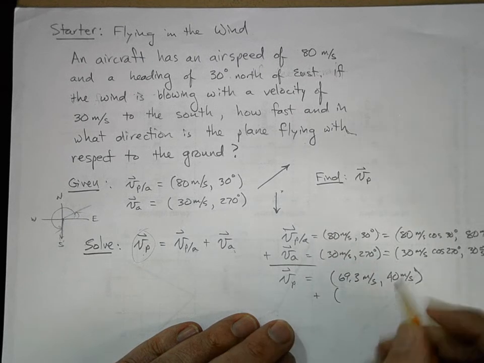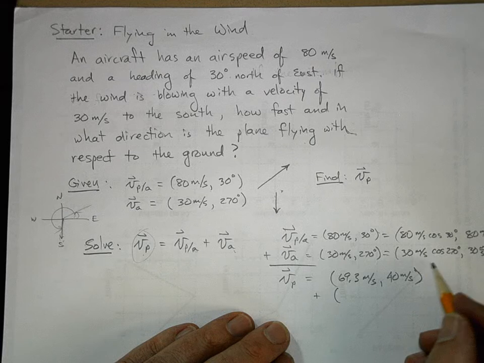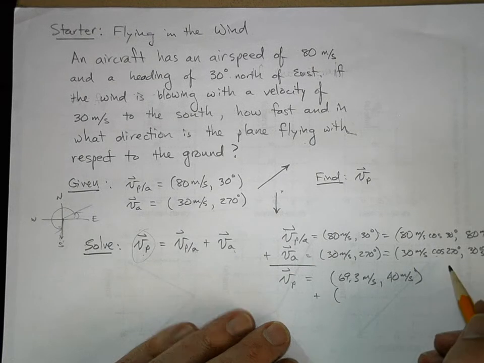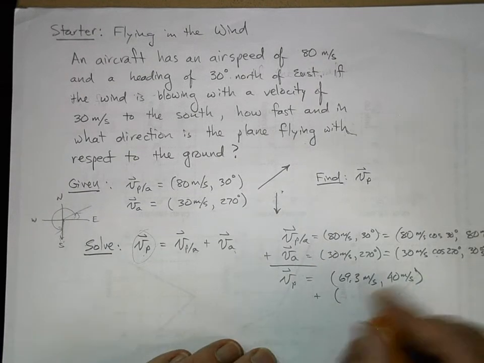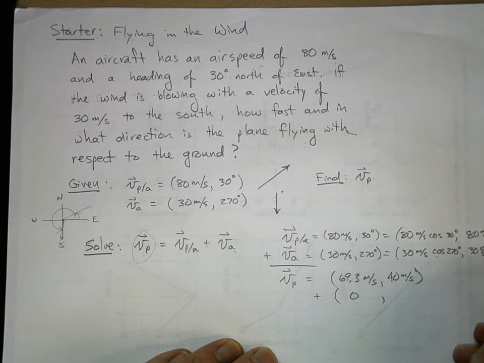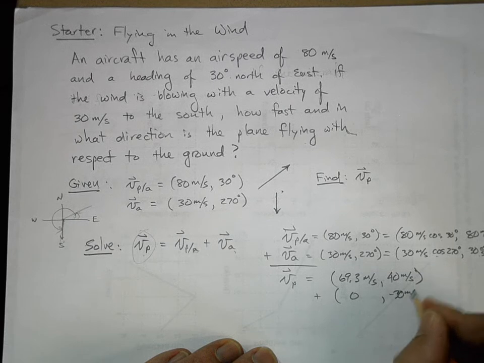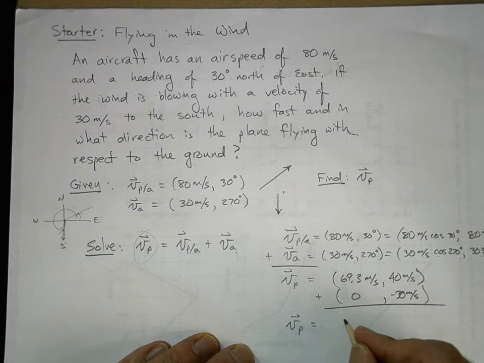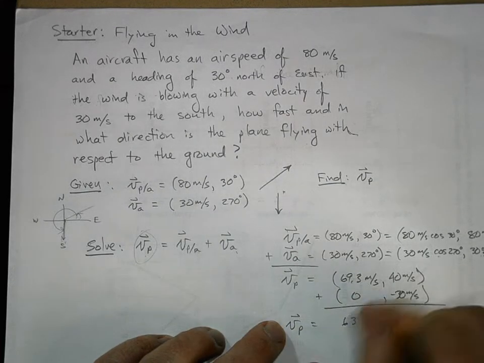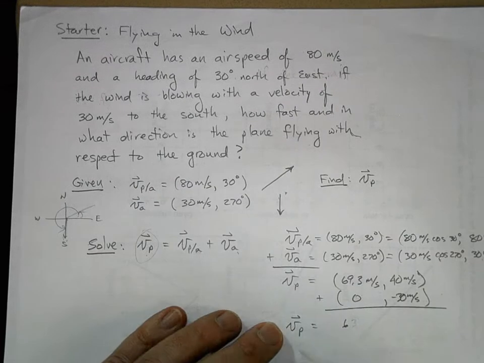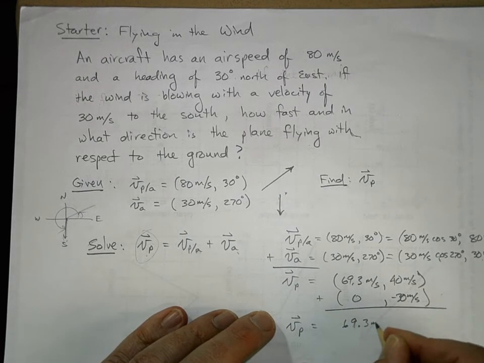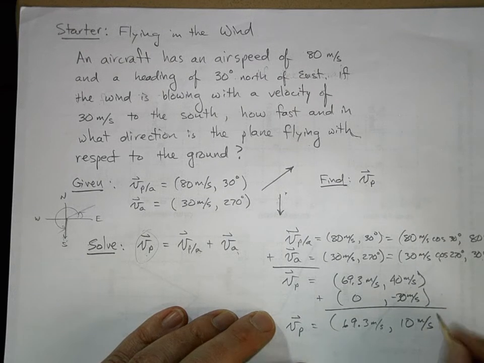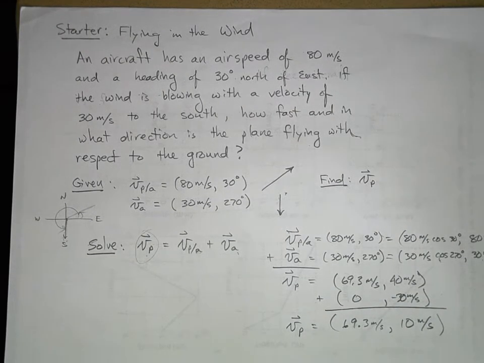And then I'm going to add to it the velocity of the air. Well, cosine of 270 is 0. So you get 0. And the sine of 270 is -1. -1 times 30 is -30. So when I add these together, I get my answer in rectangular coordinates.